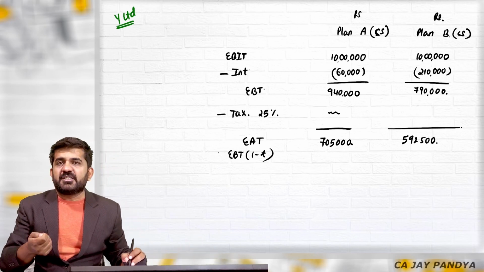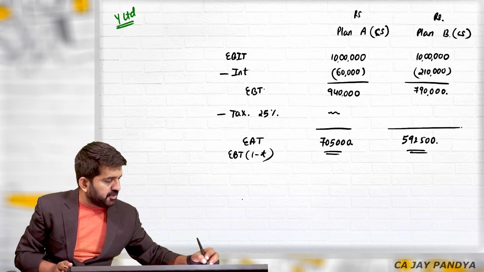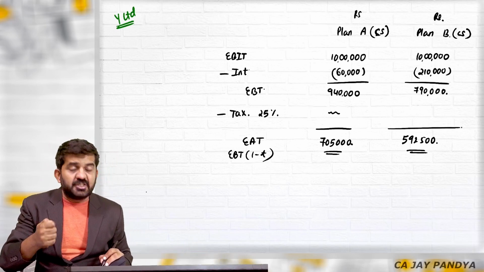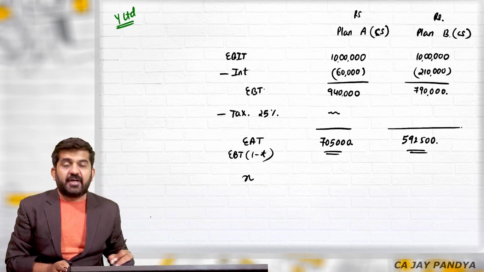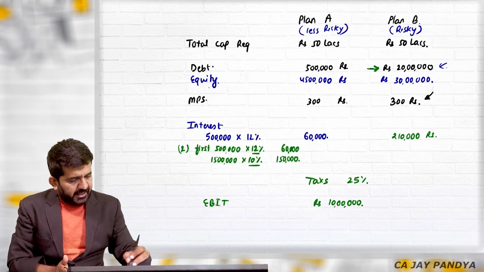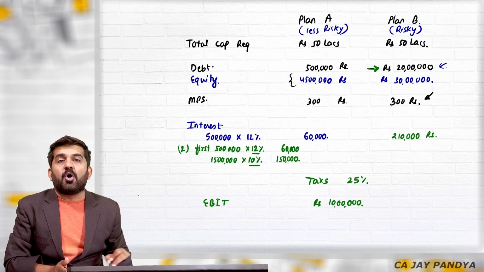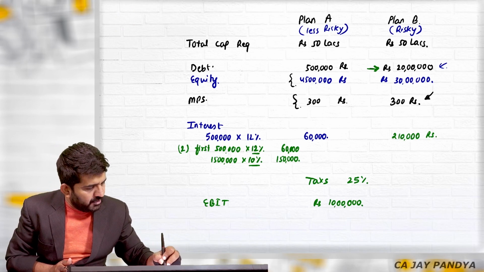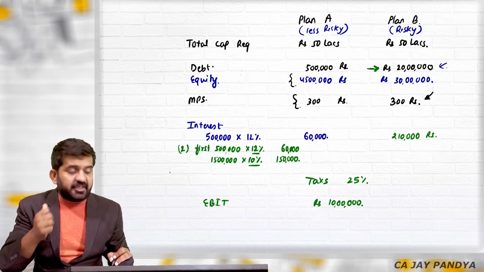There is no preference dividend, so this is earnings available to equity shareholders. If this is earnings available to equity shareholders, let me find out N. How to find out N? I can easily do it. How much do I need to borrow from equity? 45 lakhs. What is the market price per share? 300.